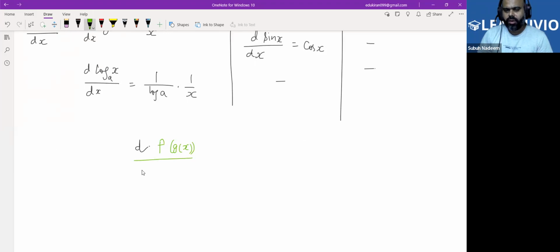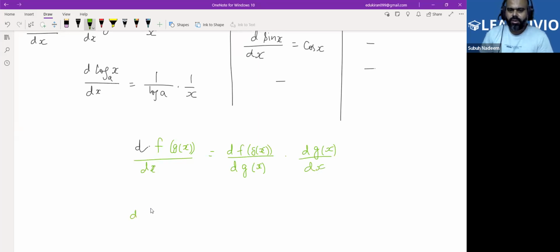So we are doing the derivative of f of gx. We differentiate f of gx with respect to gx, and then gx with respect to x.